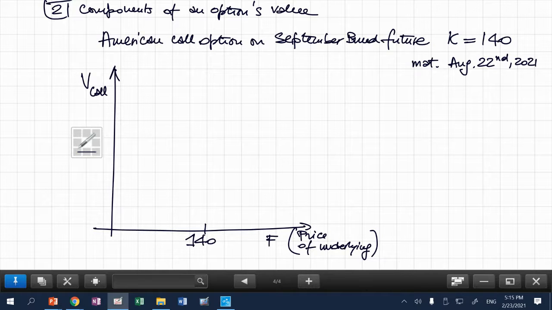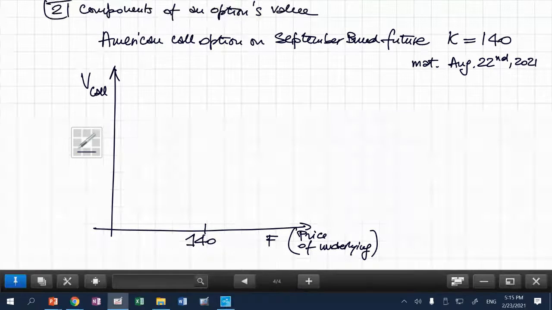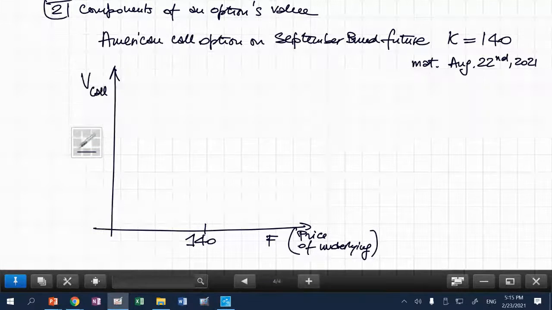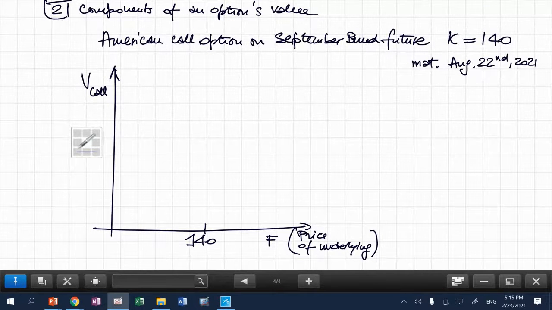If I jump directly at August 22nd, because clearly at maturity, the chance to buy the future at 140 is going to be exercised only when the price is over or below 140. I have the chance to buy at 140, I will do that only if the price is over 140, okay?